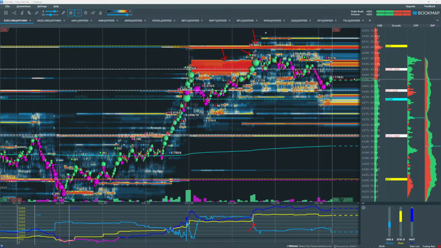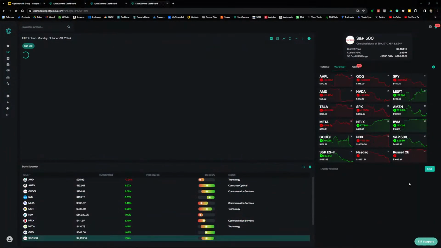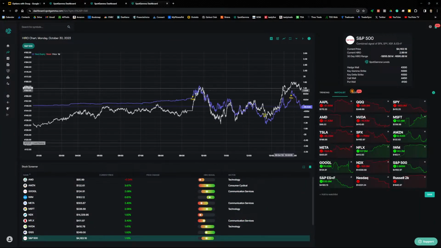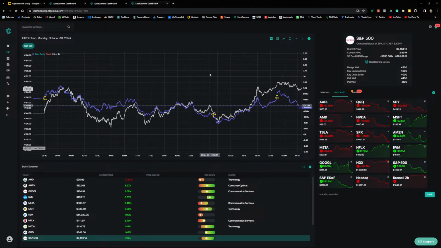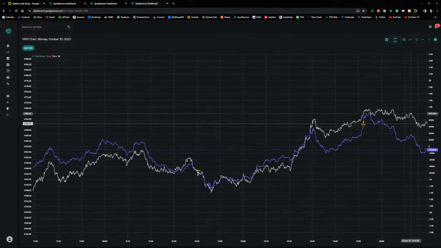Let's see what options traders are doing. Go back to Hero. Go to the S&P 500. Zoom in on this.